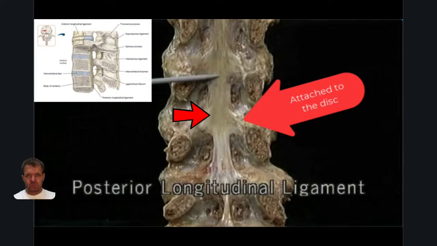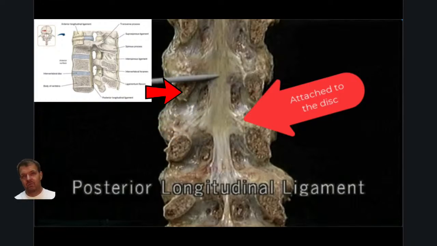So if a disc bulges, because of this really strong ligament down the back, it's unlikely to come centrally, which will then push on the spinal cord. What tends to happen is it goes posterior laterally, so it comes out here instead.